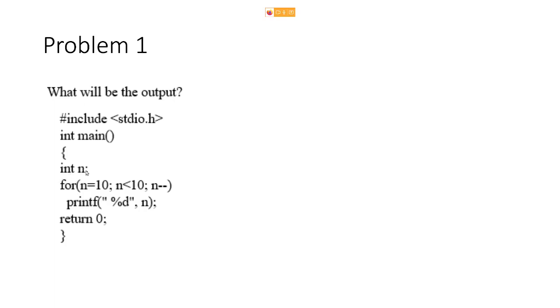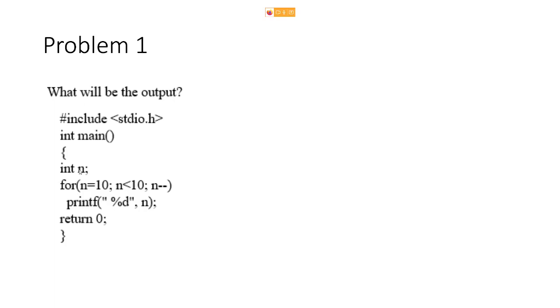I think nothing will print. Okay, can you explain why? Because the condition 10 less than 10 will become false in the for loop. Yeah, that's correct. So can you go step by step? What does int n do? We declared n of type integer.